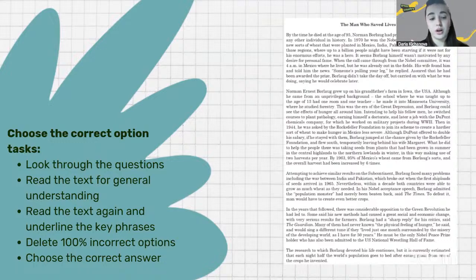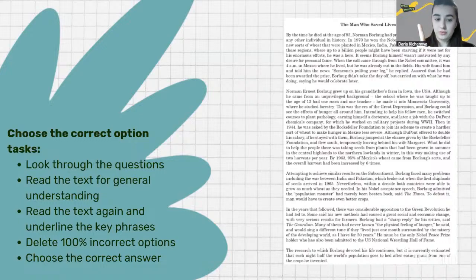After that, when you underline the key phrases, you need to delete the incorrect options. So you just need to think, no, it wasn't said here. So you will already have two options, and it's okay to reread some parts, and you can choose the correct answer. So, one more time.